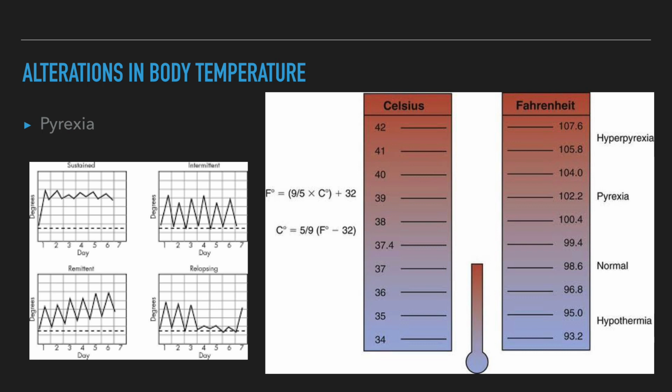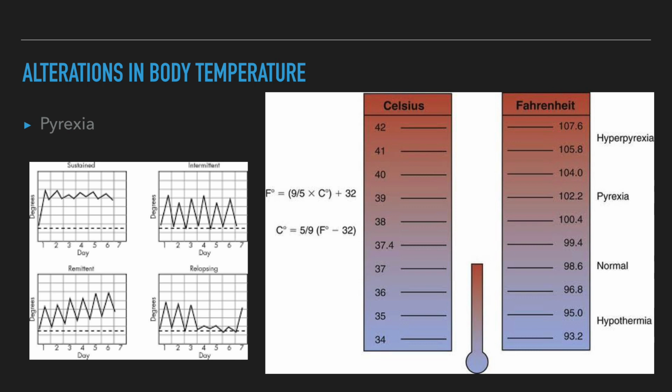There are two primary alterations in body temperature, pyrexia and hypothermia. Pyrexia. A body temperature above the usual range is called pyrexia, hyperthermia, or in layman's term, fever. A very high fever, such as 41 degrees Celsius, is called hyperpyrexia.